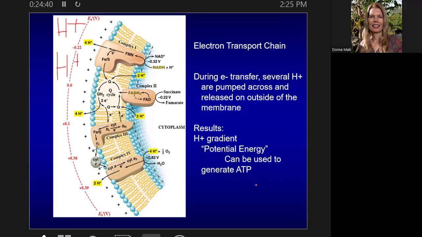When you are at a negative value like that, those molecules are very willing to donate electrons. They have really good energy to do that. If something's on the positive scale, they're really good at accepting electrons. They love to accept. And oxygen is the best electron acceptor on the face of the earth. Oxygen is the best, hands down.